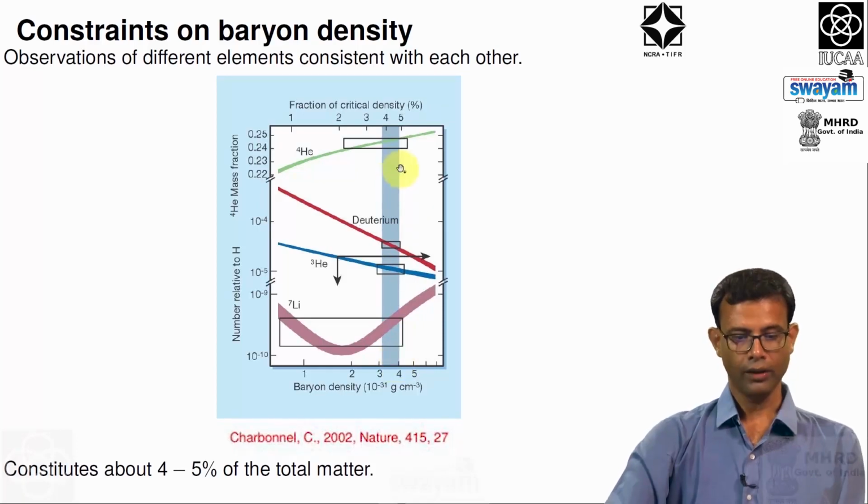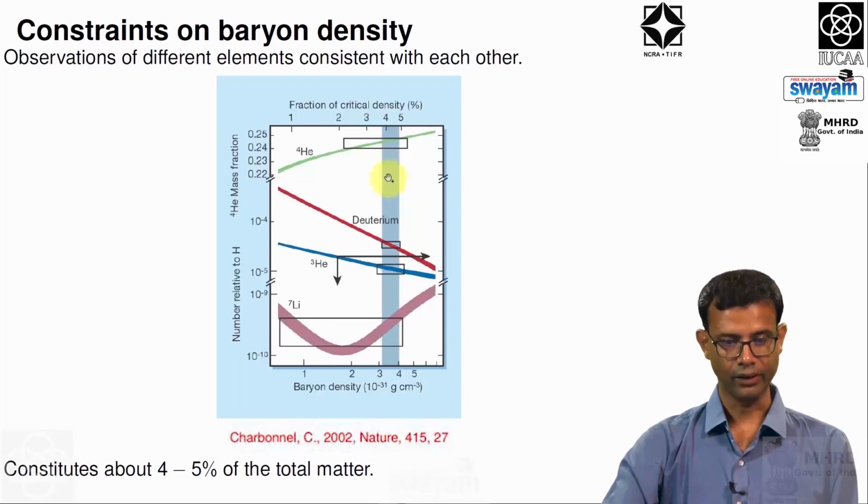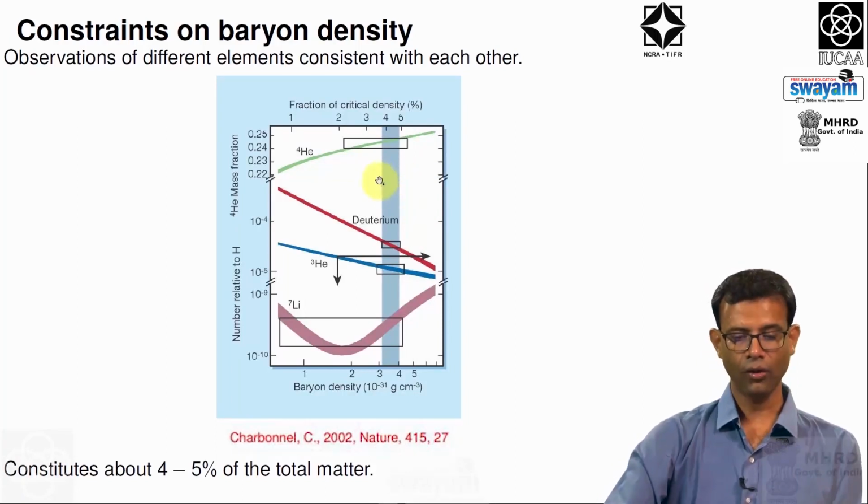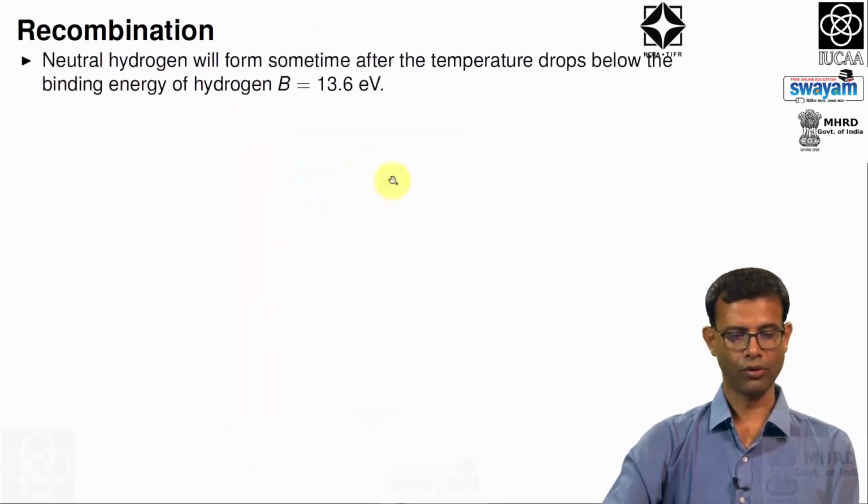So, not only does the nucleosynthesis model work, it also helps us to constrain the value of the baryonic density. This is how we go on and understand cosmology.